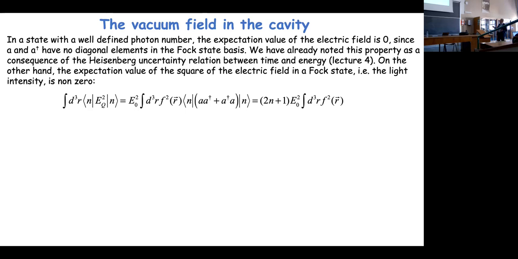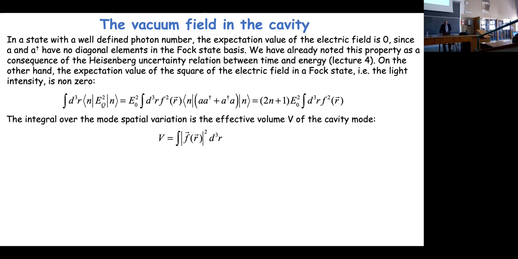And so you see that the coefficient here, E0 squared, is just the intensity of the vacuum fluctuations. And it's multiplied by this function of r, this integral over r, which is a volume. In fact, this is the effective cavity volume, the volume in which the field takes a non-zero value. So you get this expression.